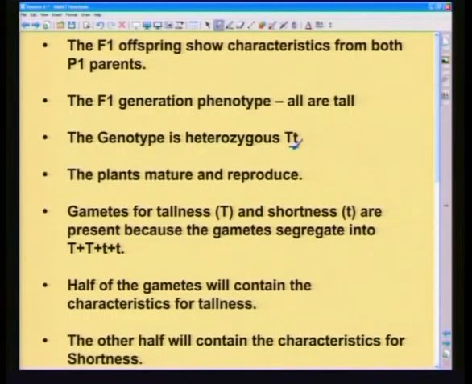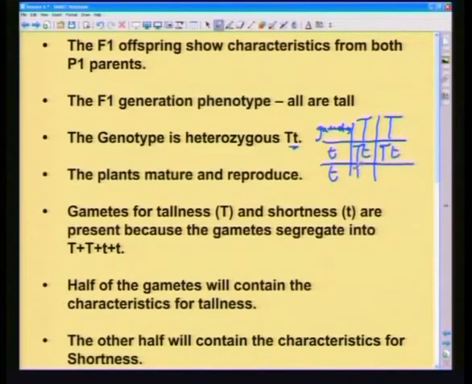Okay, now I'm going to just do a cross, just to remind you here, this is what we are going to have. We're going to have homozygous tall and homozygous short. These are our gametes. All right, we're going to have heterozygous offspring, or 4 chances.